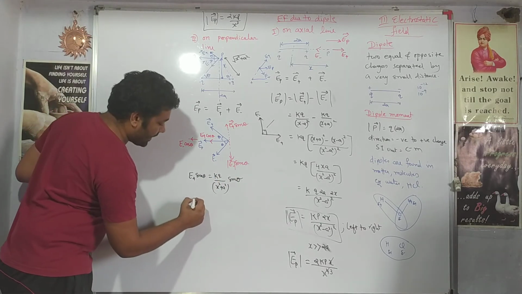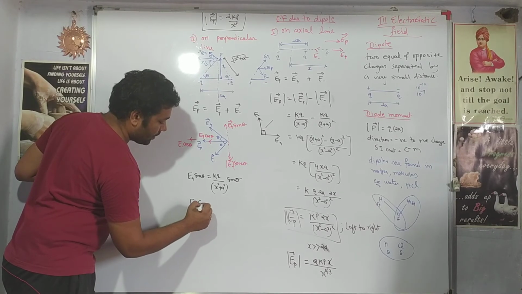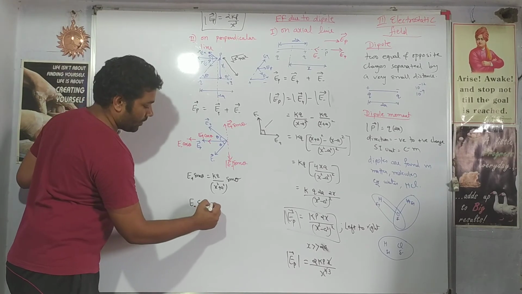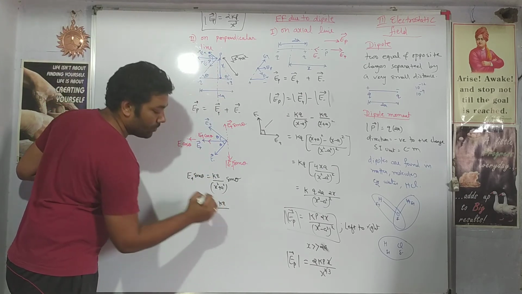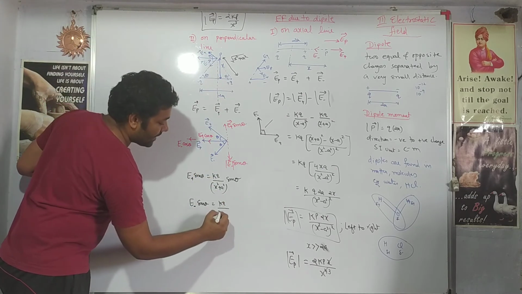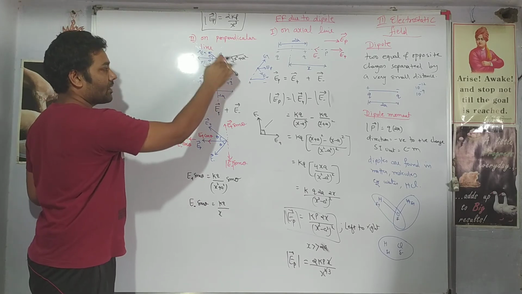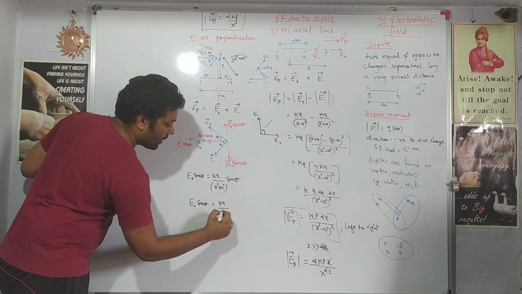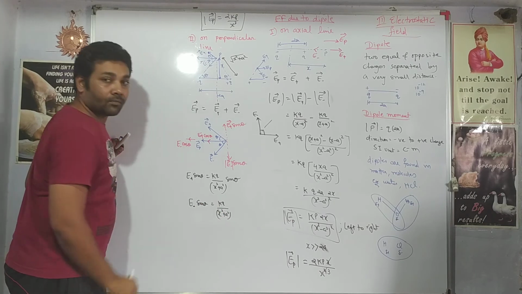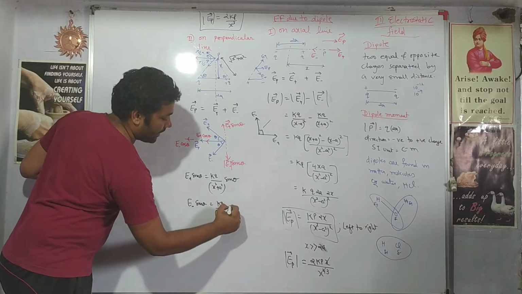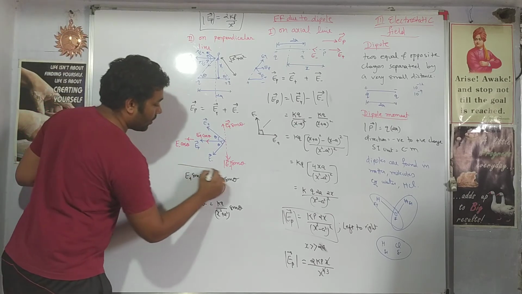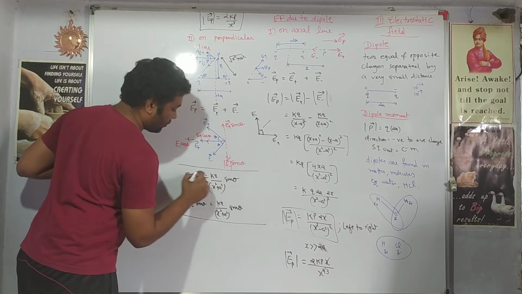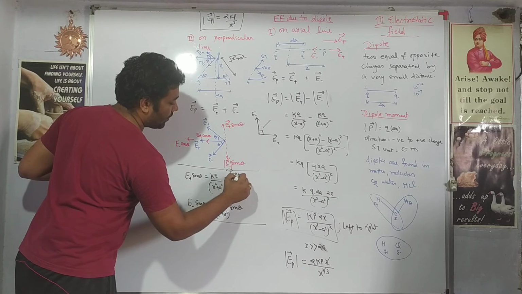Similarly, if we find out the electric field due to the negative charge, what will it be? Again k, q, by the distance. Again, this is an isosceles triangle, so both the sides are equal, x square plus a square, right, and sine theta. Now see, we have a very clear observation about the perpendicular components.